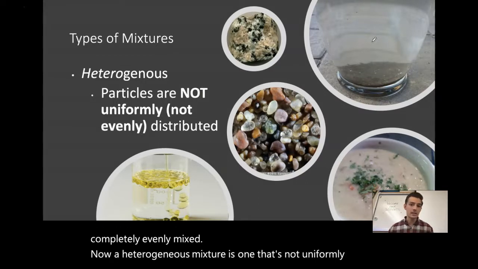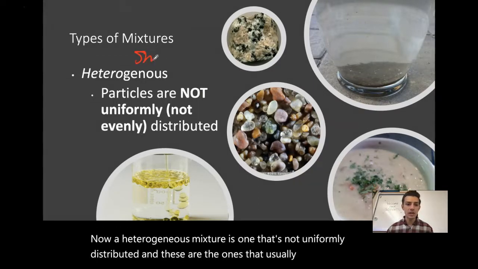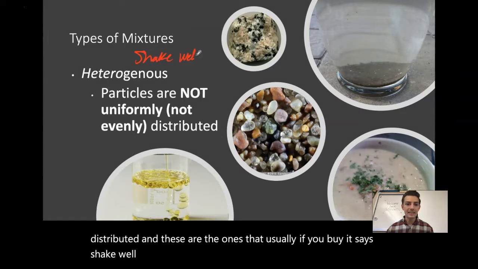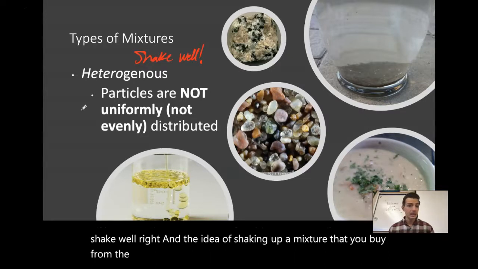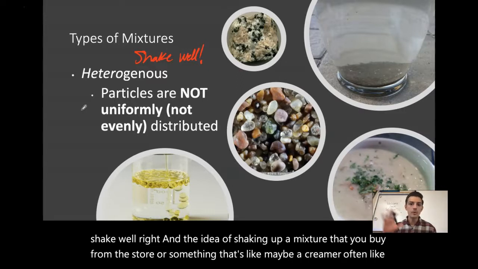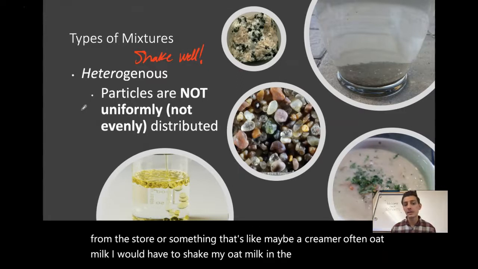These are the ones that usually, if you buy it, it says shake well. The idea of shaking up a mixture that you buy from the store, maybe a creamer, like oat milk. I always have to shake my oat milk in the morning when I add it to my coffee.